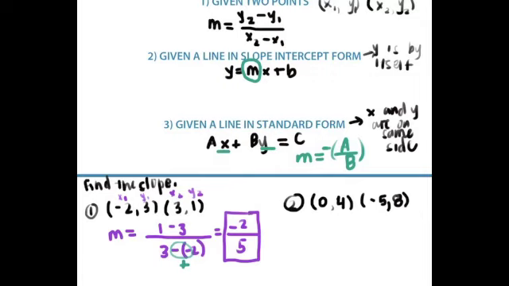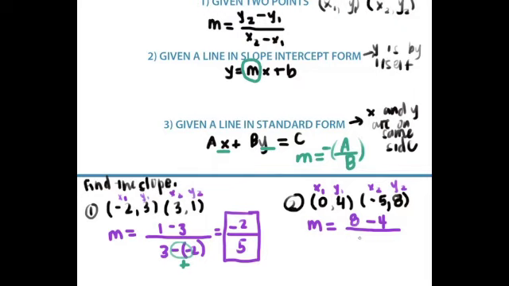Okay. So number 2 is really similar. I have 2 points. Which one would make sense? 1, 2, or 3? 1 would make sense. So here's my x1, y1, x2, y2. So here's my m equals, and then y2 is, the y's go on the top, so we start with y2, 8 minus, and then here's 4.